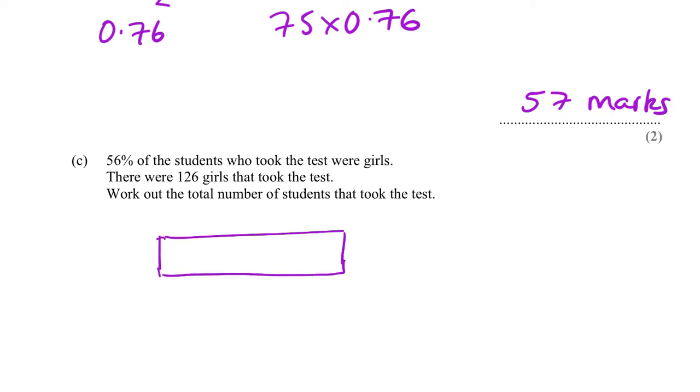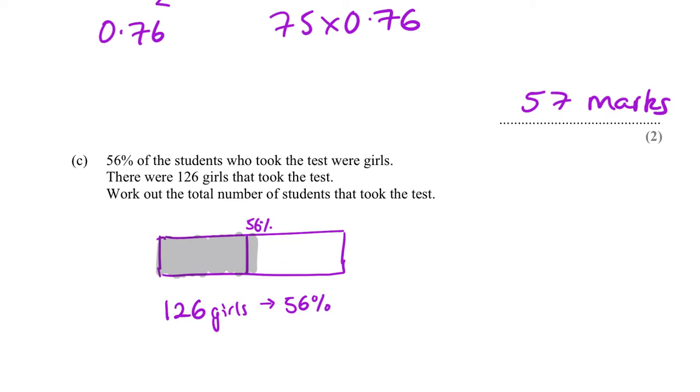Okay, if I half it, I have 50%, 50%, right? So 56% is just over half. So imagine this is 56%. We know that 126 girls is equivalent to 56%.